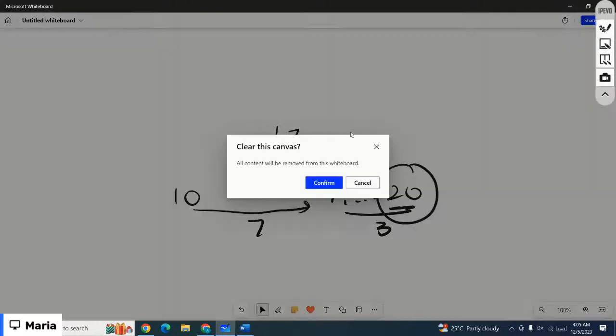When we are given the question, you have to round off the number to the nearest 10. For example, the number to round off is 13. This is the ones digit and this is the tens digit. You have to see the next digit to the tens digit, that is the ones digit.